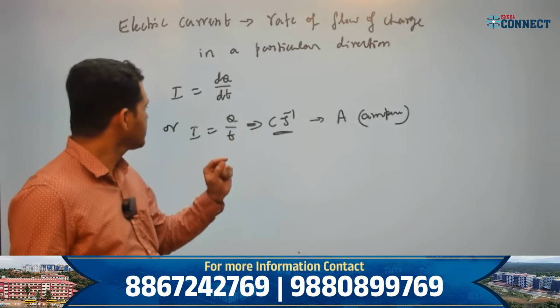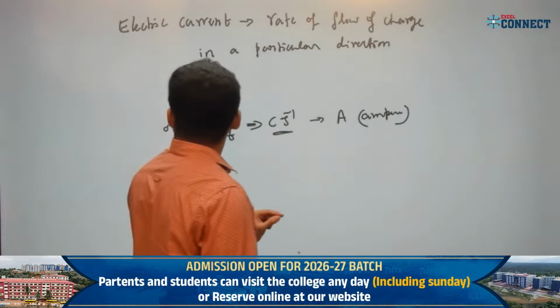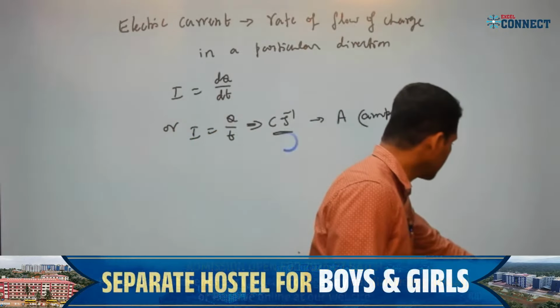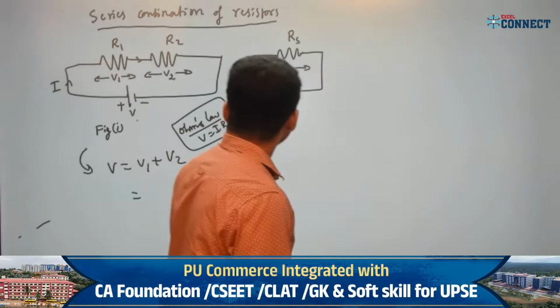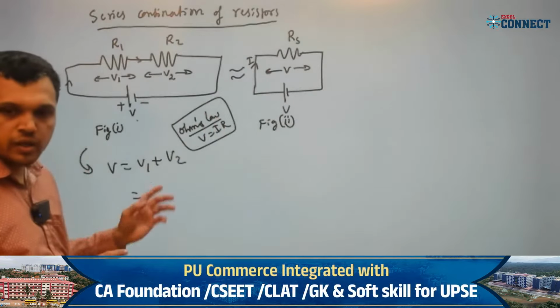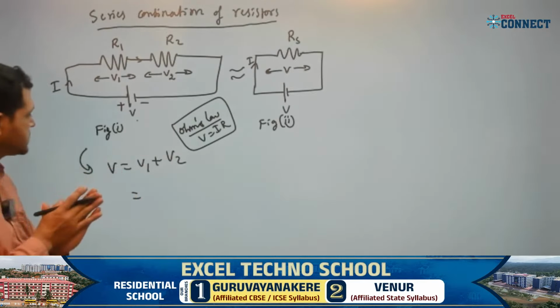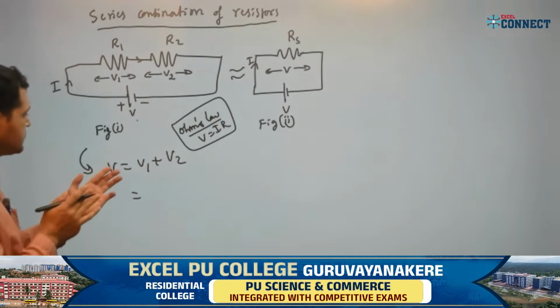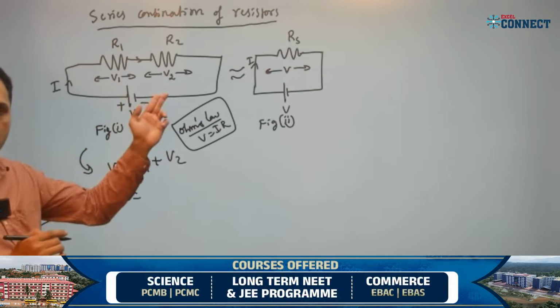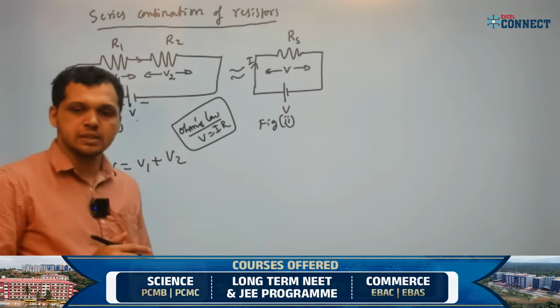Now I'll take the last slide. I have to get the equivalent resistance from this potential difference, V1 plus V2, in the series combination.